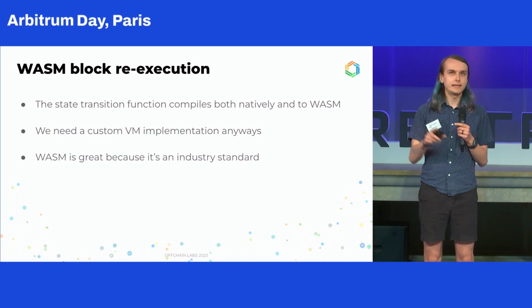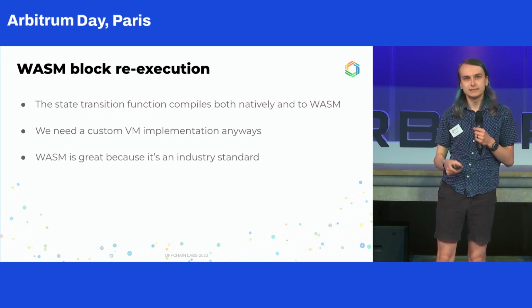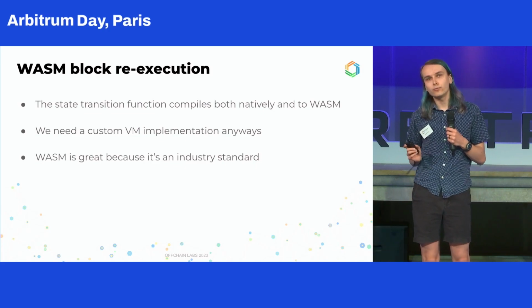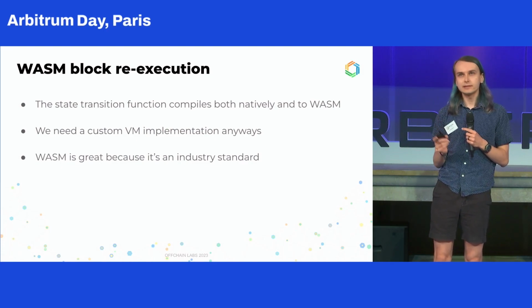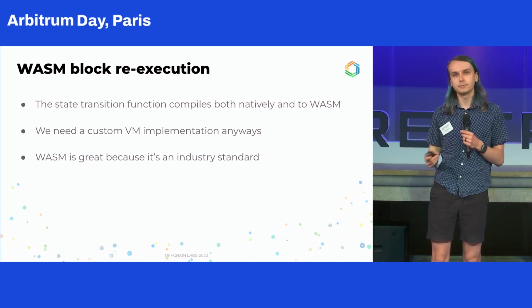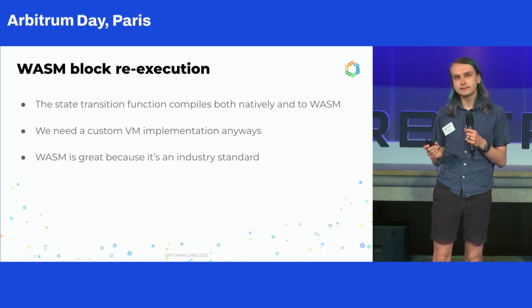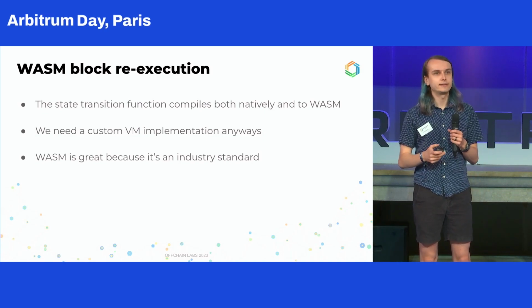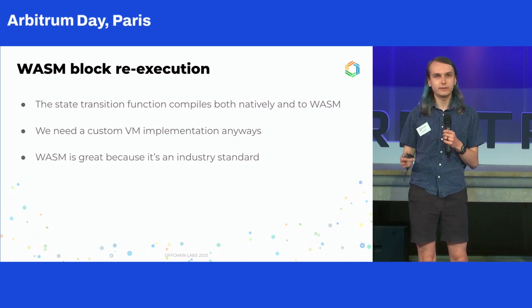Interactive challenges on the sub-block level, because I mentioned before that Arbitrum's block gas limit is still bigger than Ethereum's, and even if it wasn't, there's some overhead associated in challenges here. It would be really hard to fit it all in a single L1 Ethereum block. So we need a custom VM implementation anyways, and WebAssembly is a great choice here because it's an industry standard and we can reuse code that we already had written.